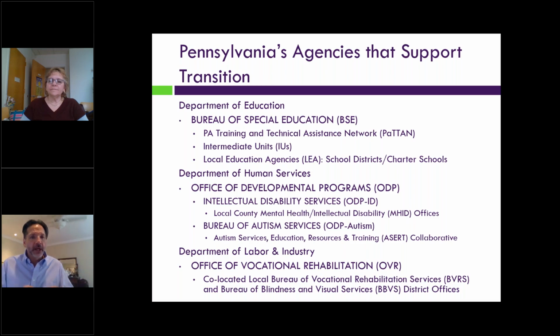And then we've mentioned a lot about OVR, or the Office of Vocational Rehabilitation. There are offices located throughout the state of Pennsylvania, those local bureaus that are OVR offices, and also the Bureau of Blindness and Visual Services, or BBVS, is also at those same district offices. So those are kind of the support structure when you look at that.